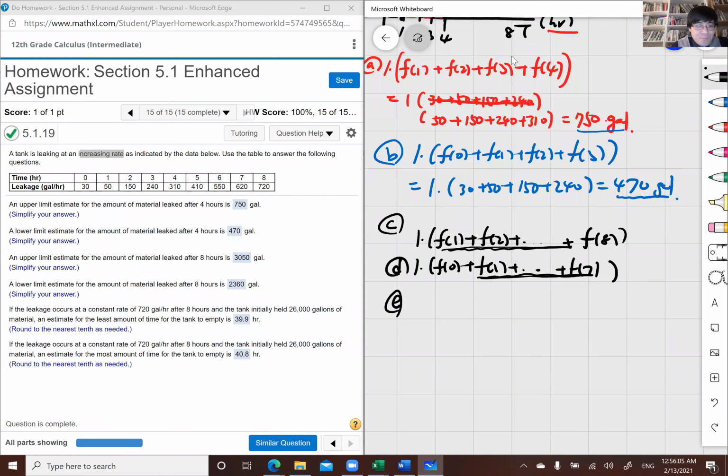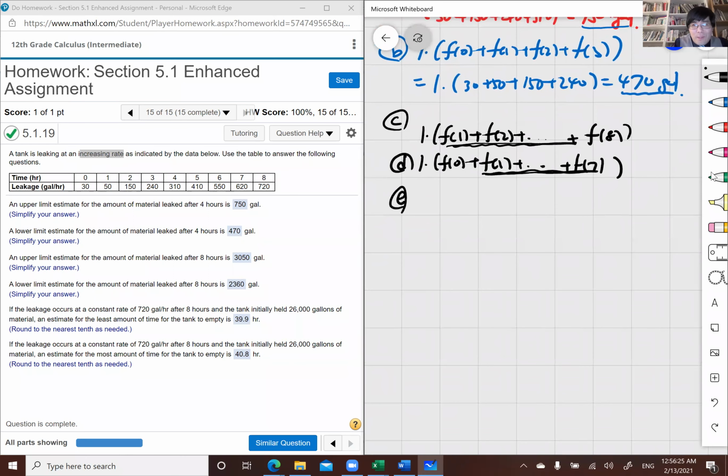Now part E. If the leakage occurs at a constant rate of 720 gallons per hour after 8 hours, and the tank initially held 26,000 gallons of material, what is an estimate for the least amount of time for the tank to empty?